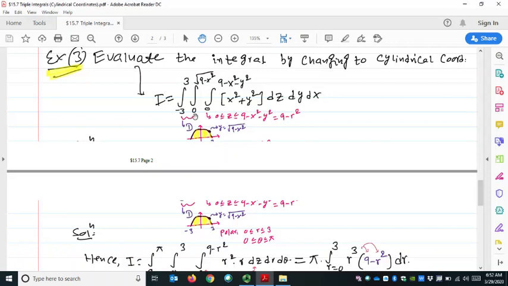Then let's go to the middle integral and then the outer integral. Let's see what plane region they determine. From the y bounds, y is between 0 and radical 9 minus x square, and then squaring both sides, y square equals 9 minus x square.